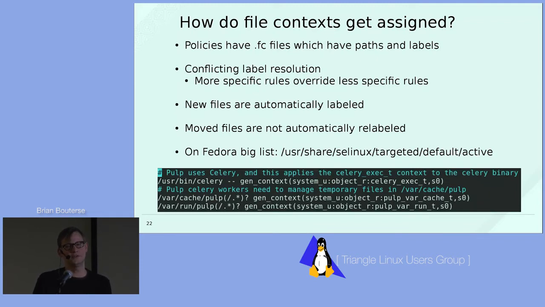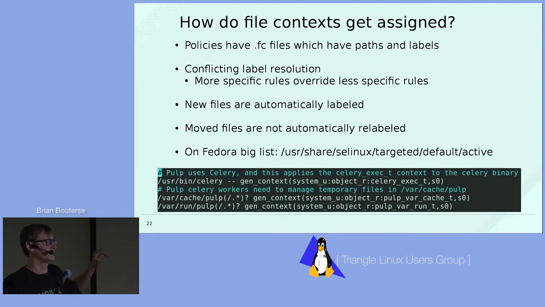So if you make files in your home directory, you'll get something like unconfined_t, which is a file label for a file in your home directory when you're in targeted mode. Gosh, that's a complicated statement. We'll talk about targeted mode in a little bit.